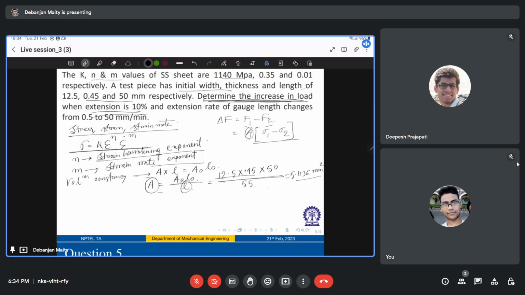Now, what we need to find out is this epsilon value, and the strain rate value is changing from 0.5 to 50 mm per minute, correct? Now, how can you find out this strain value? If you think of true strain value, this is basically log L by L naught. So L naught is your original length and L is your final length.